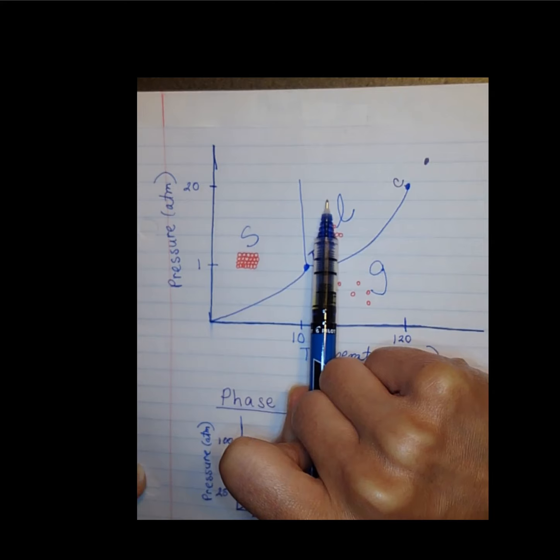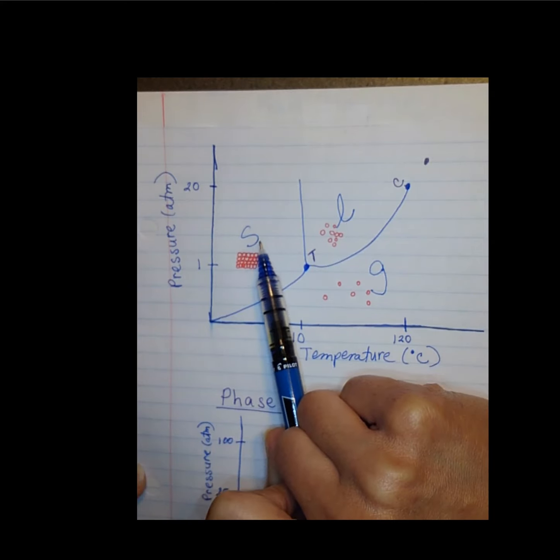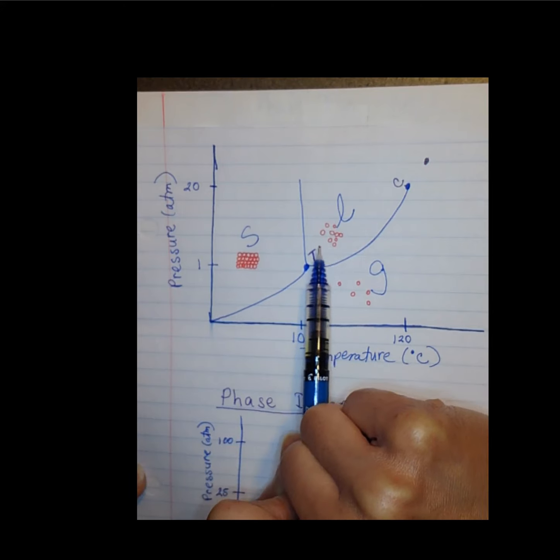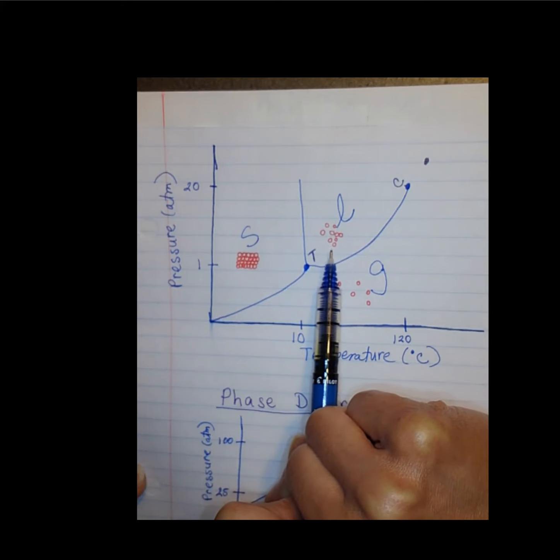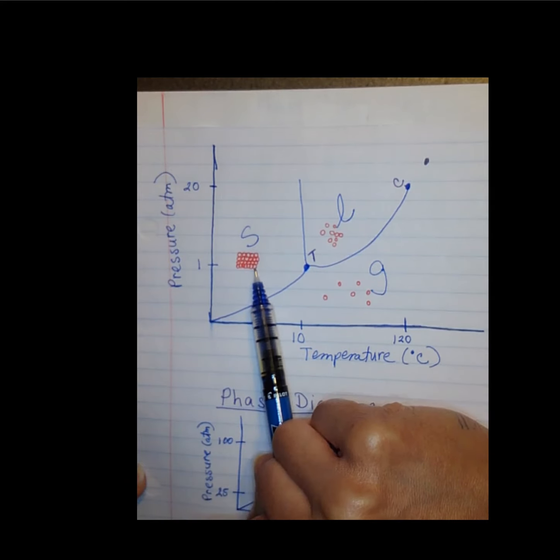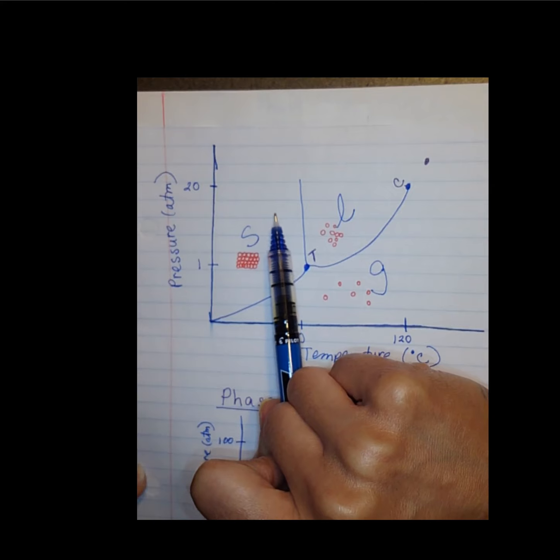On the other hand, if the substance goes from a liquid to a solid phase, where the substance is spread apart and moving faster, and the molecules go to more of a solid phase where they're compact and rigid and not moving as much, we say that that phase change is freezing.